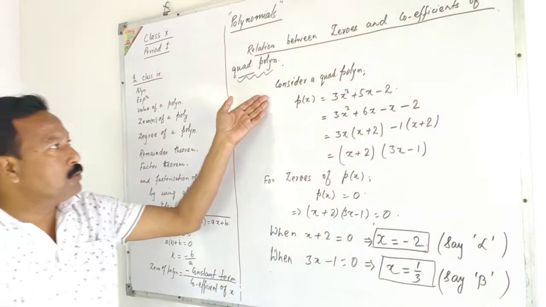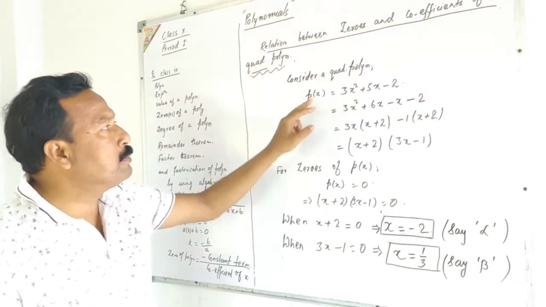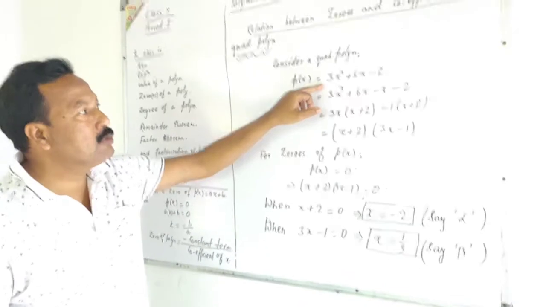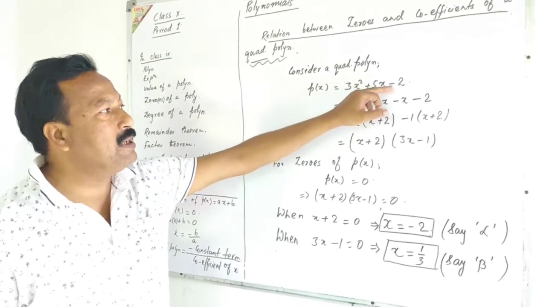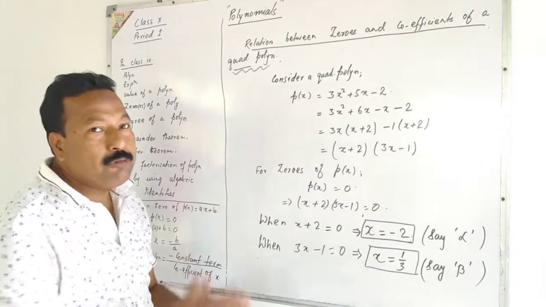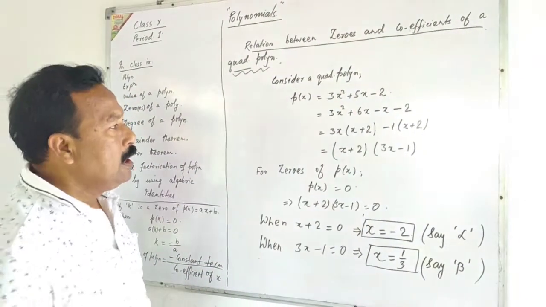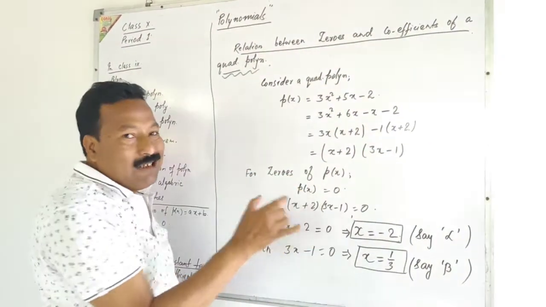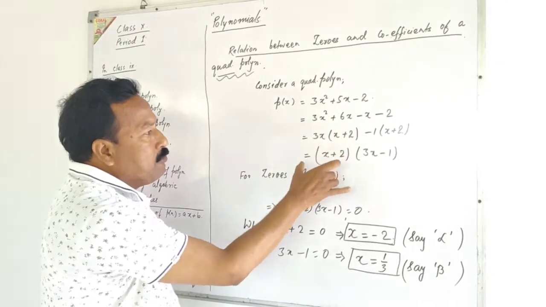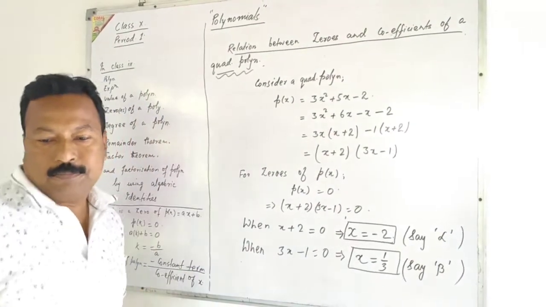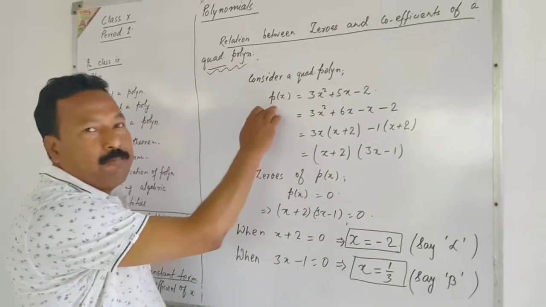Now we are going to consider a quadratic polynomial p(x) equals 3x square plus 5x minus 2. We want to find out the zeros of this polynomial p(x). To find the zeros, we shall have to factorize this.